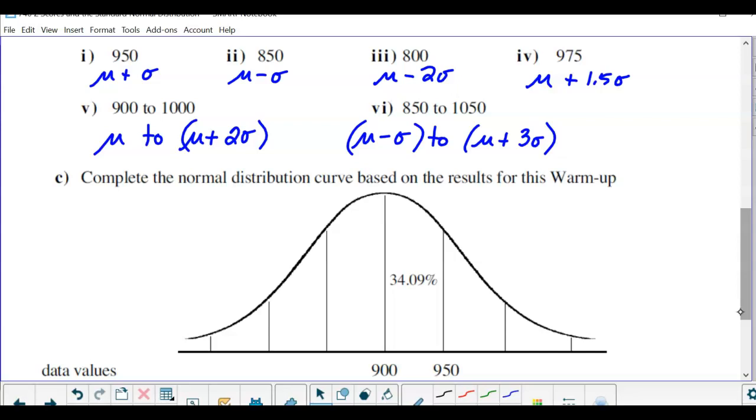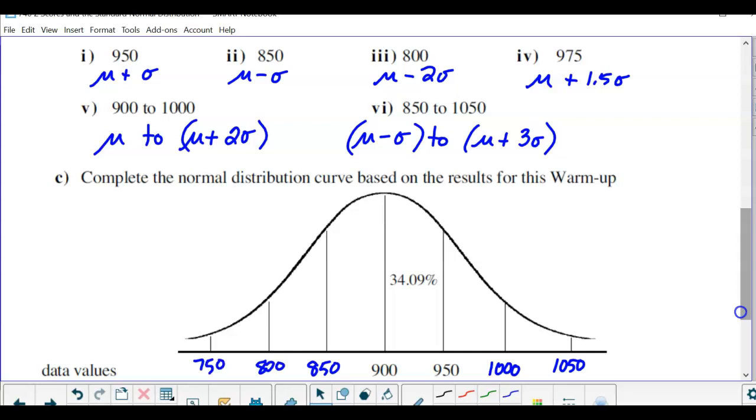It's a symmetrical graph, this bell curve. 950 is the next good unit, so we have to go up by 50s. So this would be 1,000, and this would be 1,050. Going up by 50s is a good unit. So that means this would be 850, 800, 750.